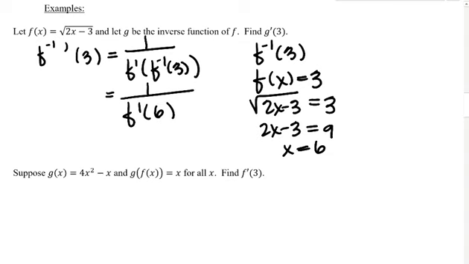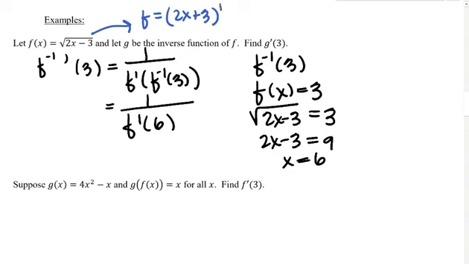Now the thing is that I don't have f prime yet, so I need to write down a formula for f prime of x. So that's where I'm going to go over here, and I'm going to say f equals 2x plus 3 to the 1/2 power, so that f prime, I'm going to bring that 1/2 down, leave the inside the same, decrease the power by 1, and then also consider the chain rule, consider the derivative of the inside.